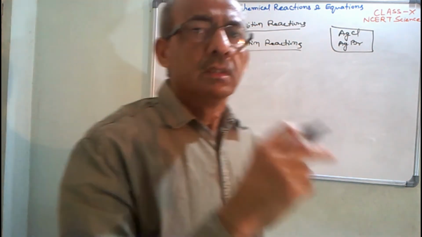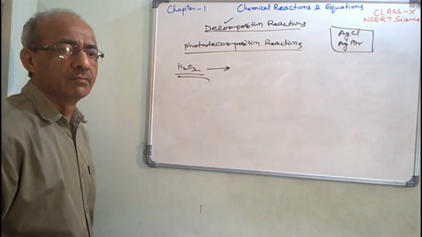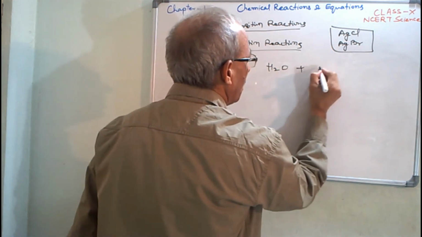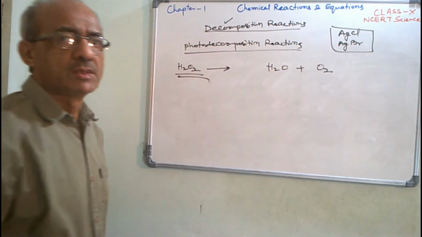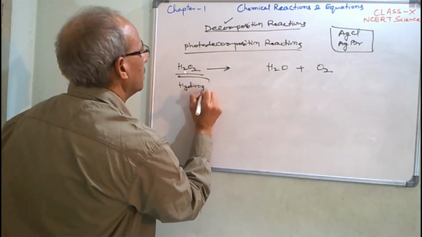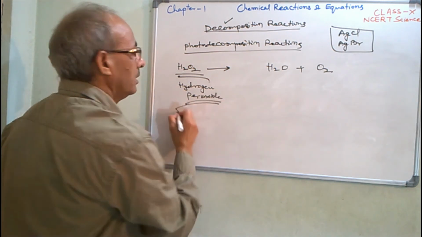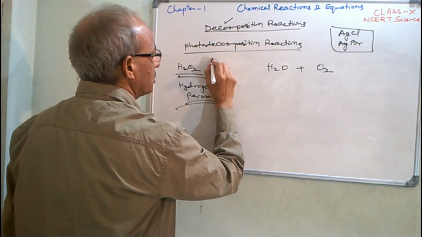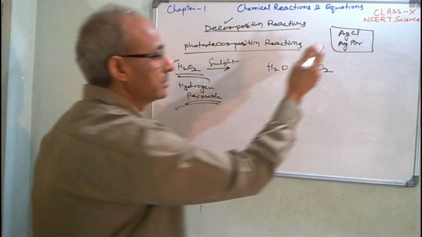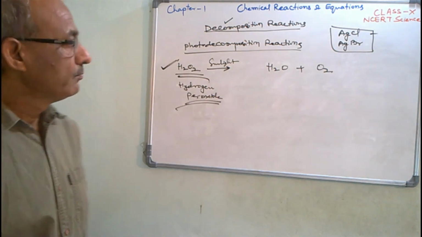When the sun rays fall on the hydrogen peroxide, it splits into water and oxygen gas. The splitting of the hydrogen peroxide takes place in the presence of sunlight. It is photosensitive, just similar to silver chloride and silver bromide.